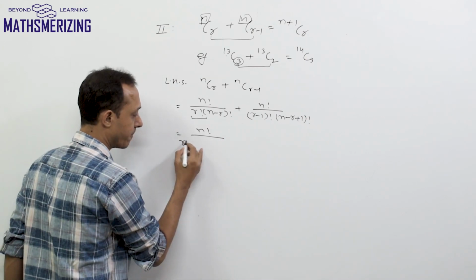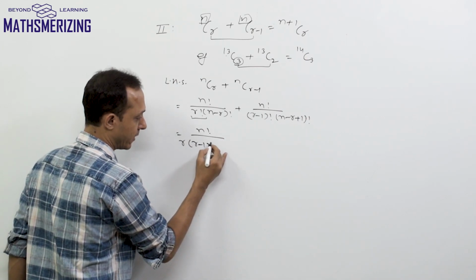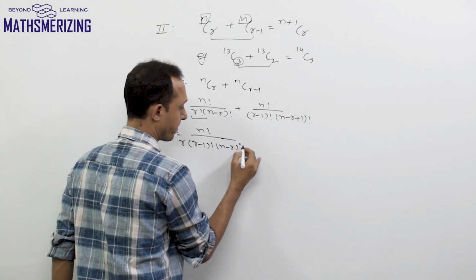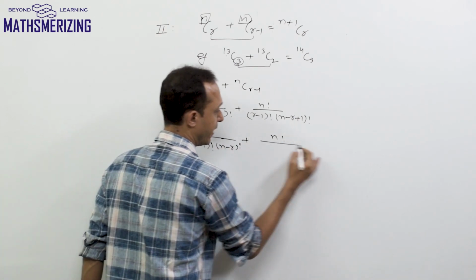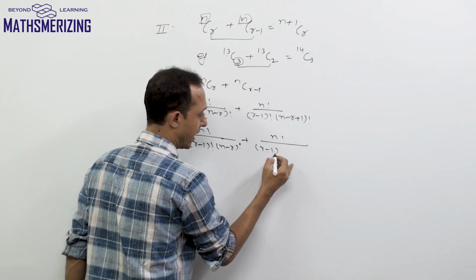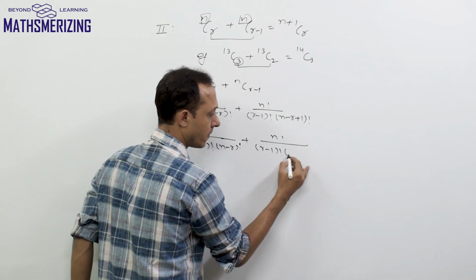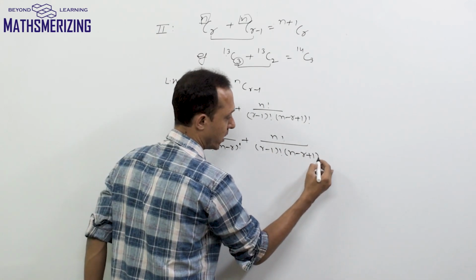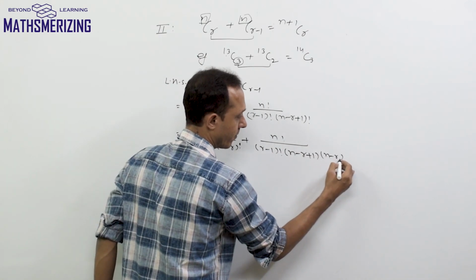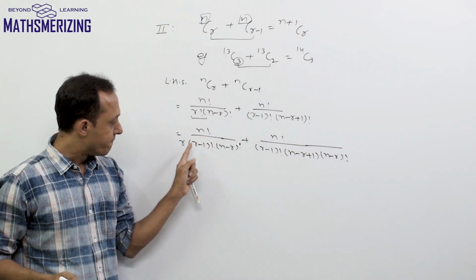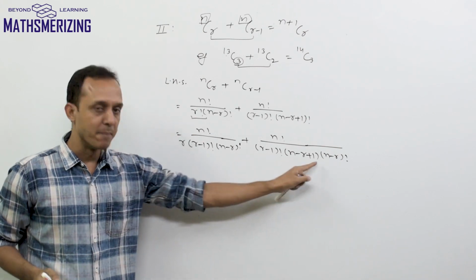So this is r, then factorial r minus 1, then factorial n minus r, plus factorial n, factorial r minus 1, and here also I'll write it as n minus r plus 1 into factorial n minus r.